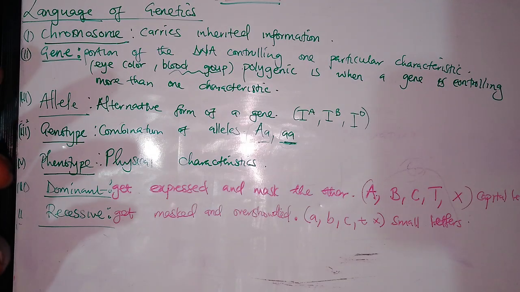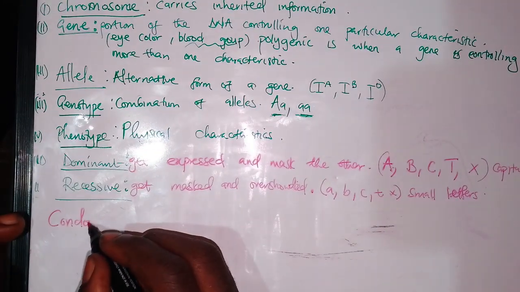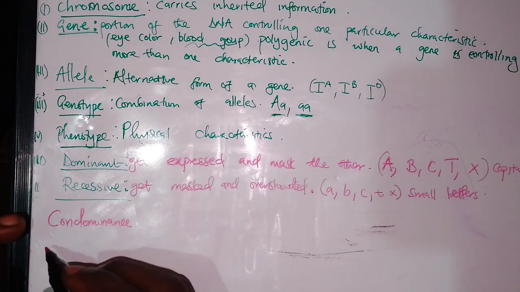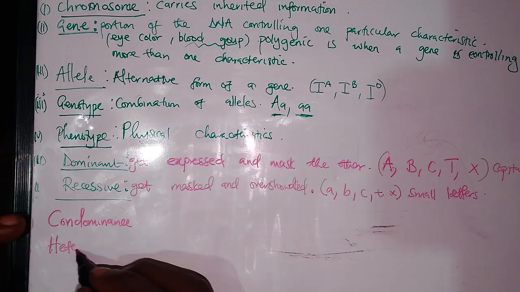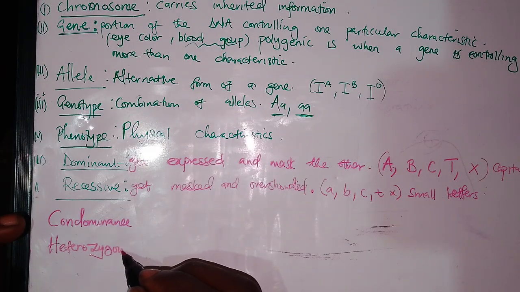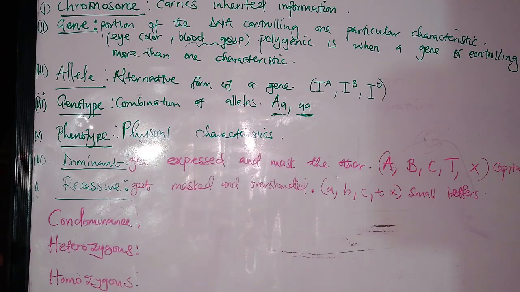So the final three terms which we are going to look at are codominance, heterozygous, and homozygous.